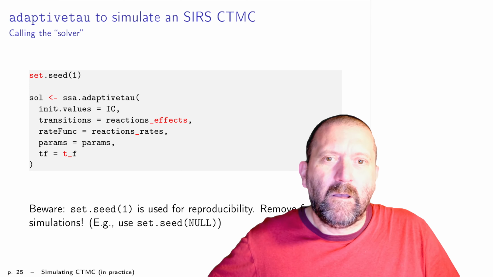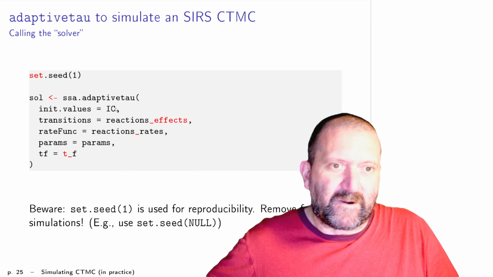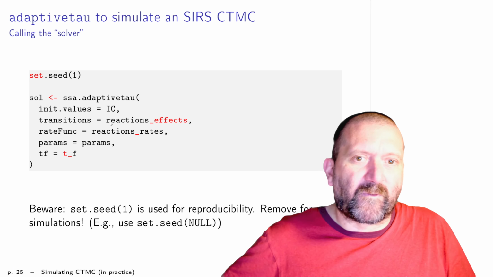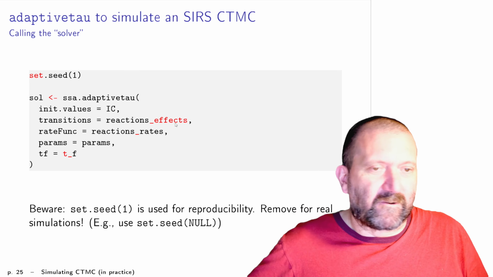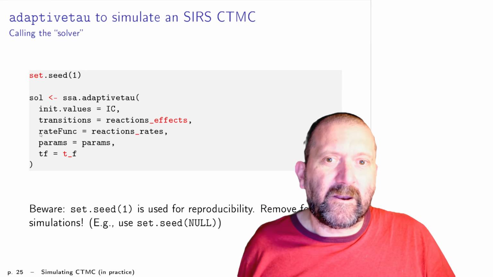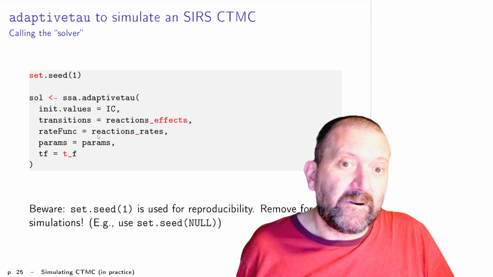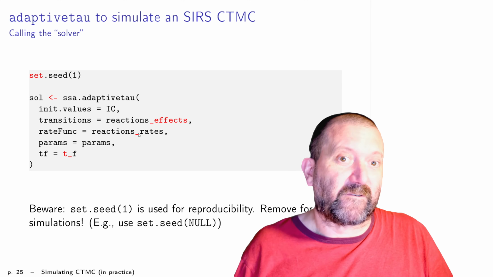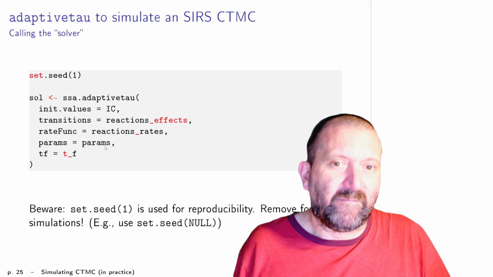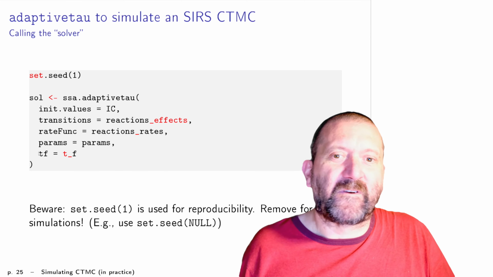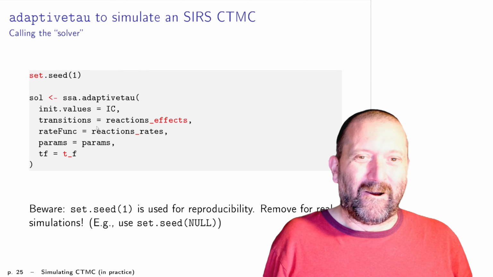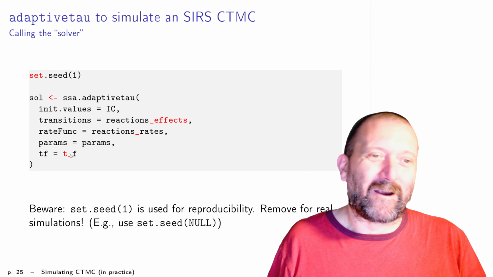For SSA adaptivetau, you have to specify the initial values, which are the initial conditions I set before, what the transitions are, which are the reaction effects list that I created, and what the rate function is, which is the function of reaction rates that I set. What are the parameters? Just params, as I did. And what is the final time? They use tf as a single thing. I've defined it as t underscore f. Never mind.